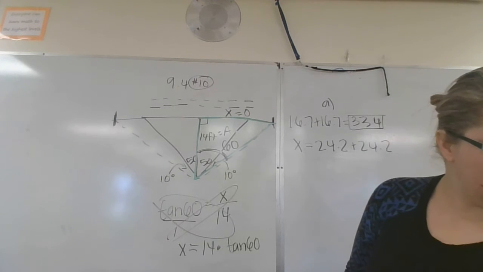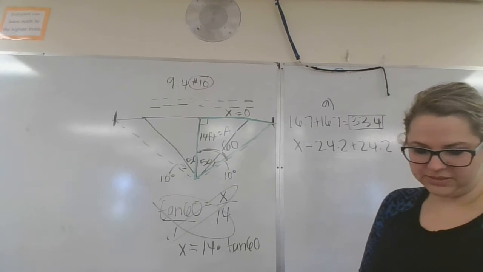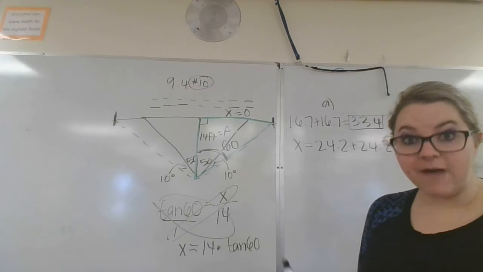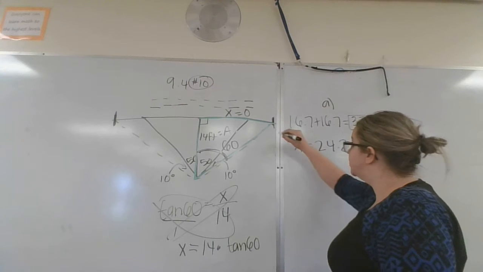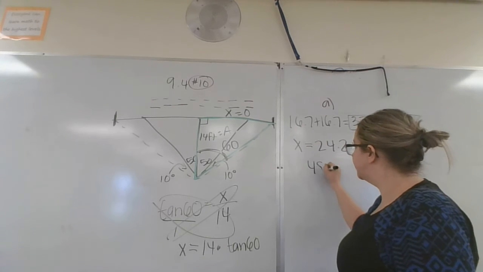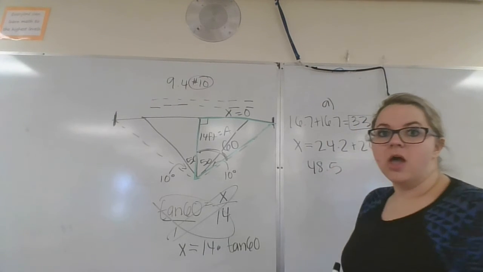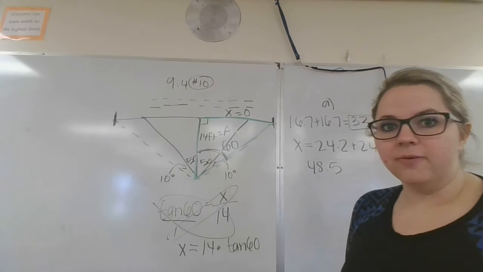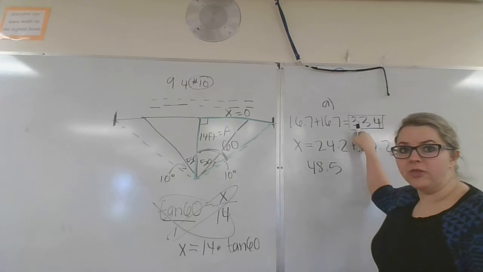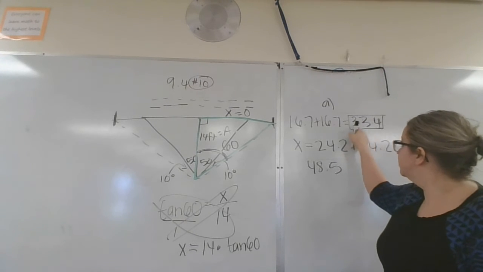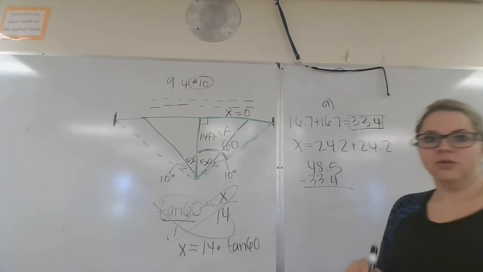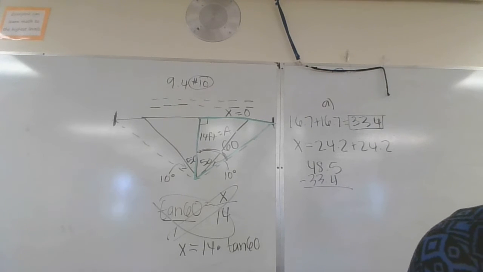So when I do that, times 2, I get 48.5. So now my total length there is 48.5. How much bigger is this than my original length? Well, let's see. If I take my new length and subtract 33.4 from it, that will give me how much bigger it is.